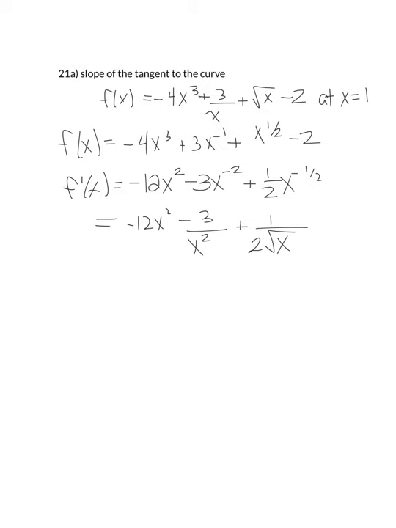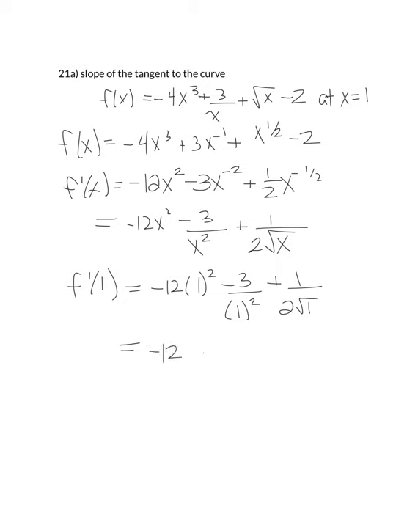Now that I have my derivative, I can plug in my x of 1. So f prime of 1 is equal to negative 12 times 1 squared minus 3 over 1 squared plus 1 over 2 times root 1, which equals negative 12 minus 3 plus a half, which equals negative 29 over 2.